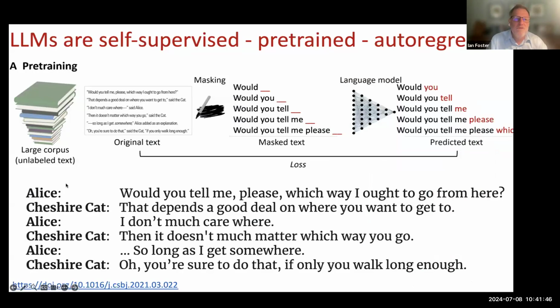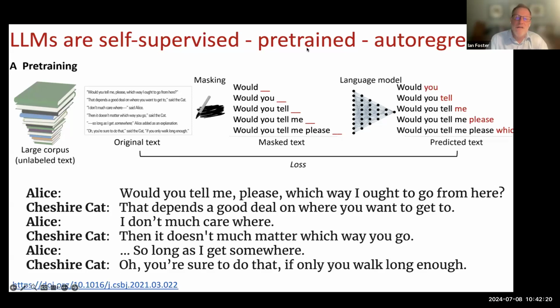So there are three interesting aspects of this LLM training process, which really make it different from some prior approaches to AI. First of all, it's entirely self-supervised. What that means is that no human has to go in and label the data that we're using for training. We're simply creating the training data by masking words, and then evaluating whether the model can predict the next word accurately.